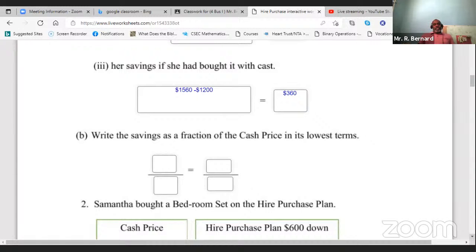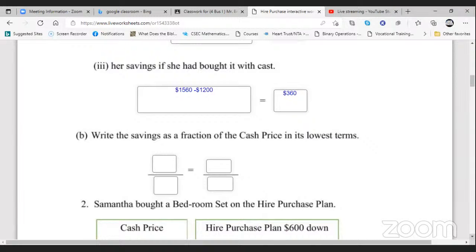Take me through this one now. $360 over 1,200. That's correct.